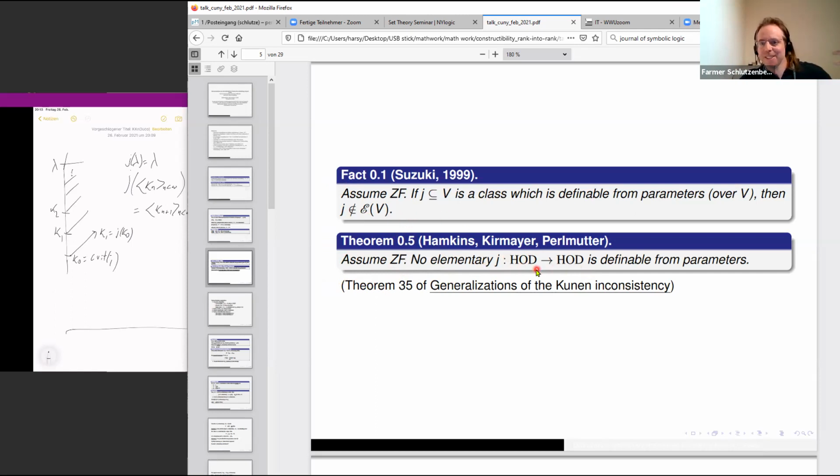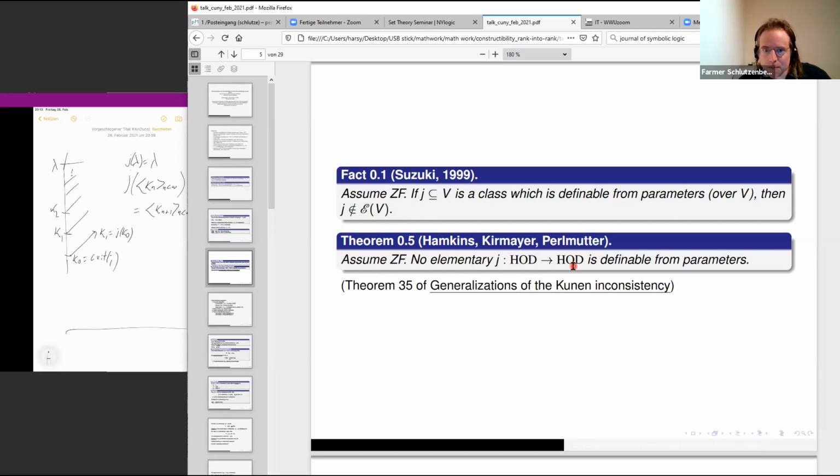So Suzuki's theorem is a weaker version of this theorem. In particular, as a consequence, if J from V to V is elementary, then J restricted to ordinals cannot be definable from parameters.